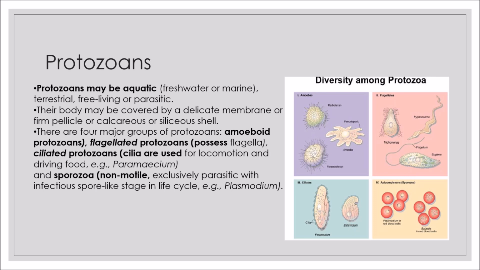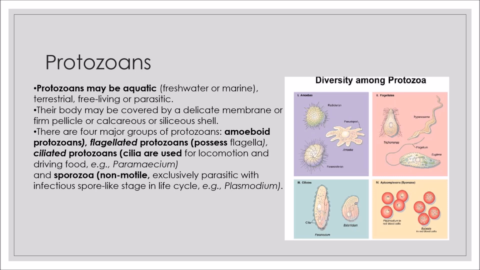Their body may be covered by a delicate membrane or a firm, hard pellicle or calcareous layer or siliceous shell. So based on the type of organism, the covering may be present. As you can see in the image, they are divided into four major groups. First is amoeboid protozoans.